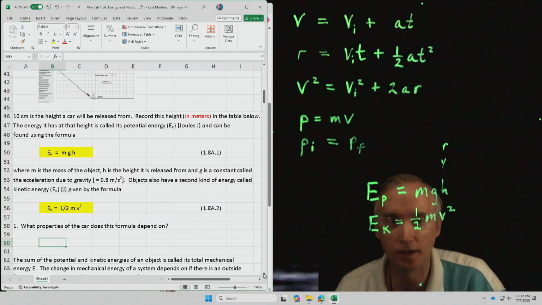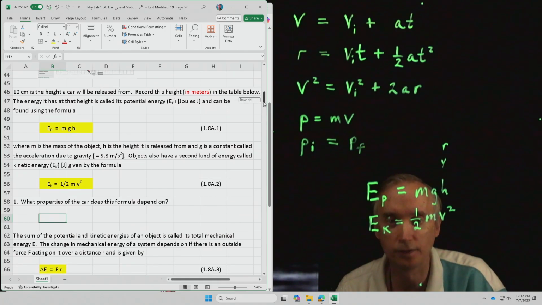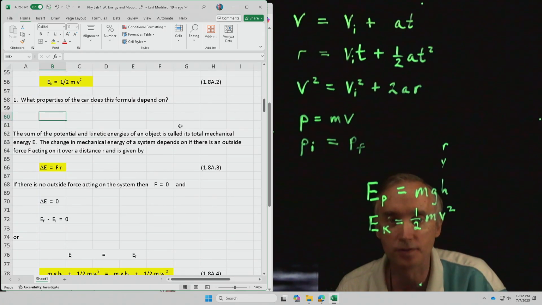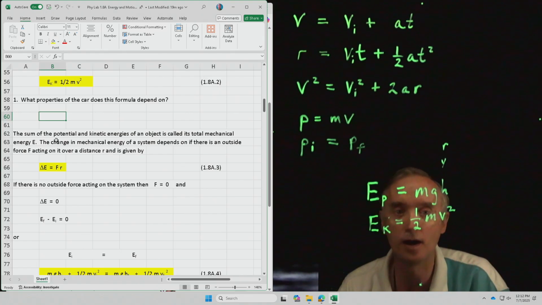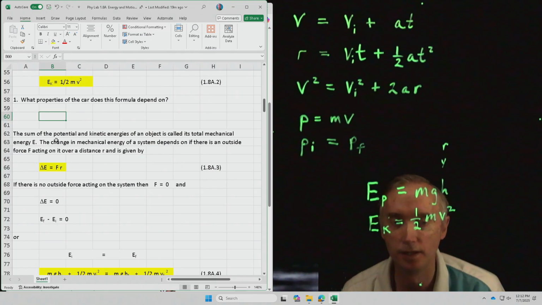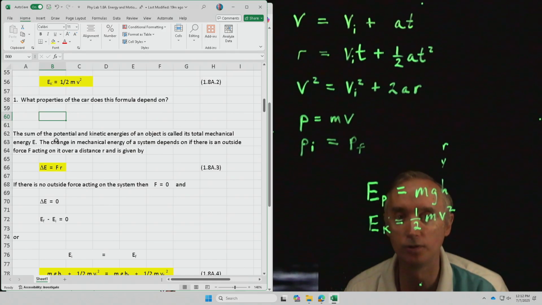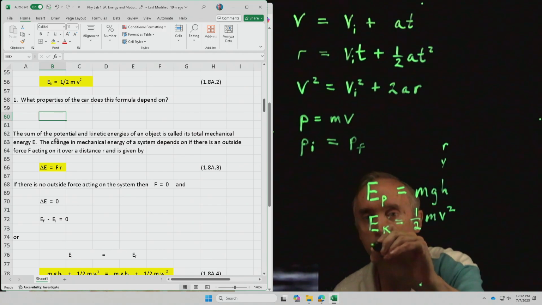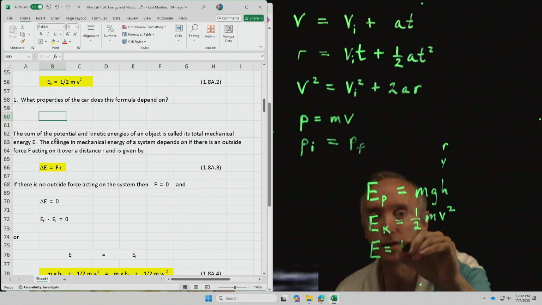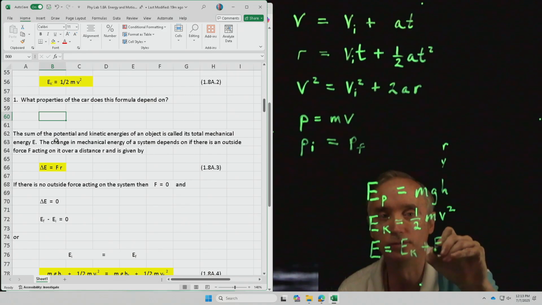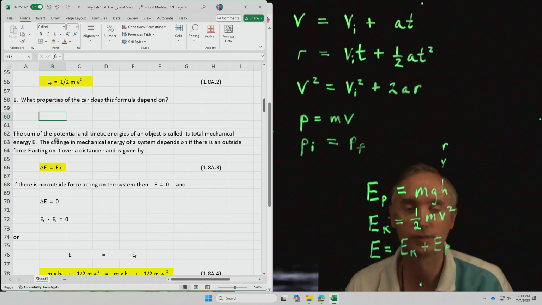Okay, then we're going to say, so let's go on down a little bit further, that the sum of an object's potential energy and its kinetic energy is going to be called its total mechanical energy, which we're just going to say is the letter E. So E then is going to be equal to the kinetic energy plus the potential energy of an object.